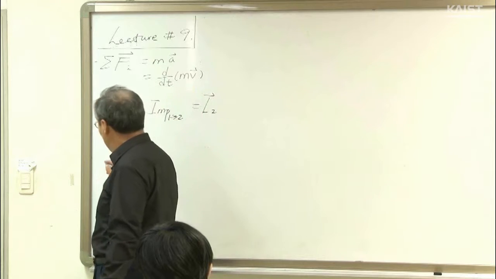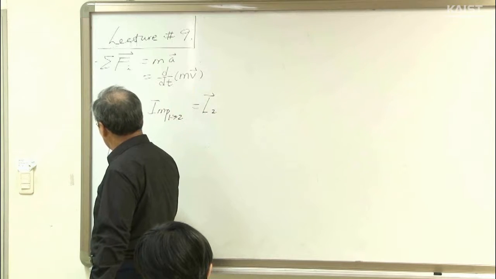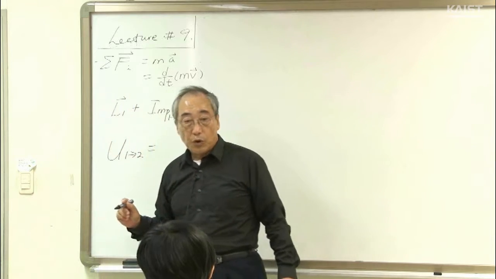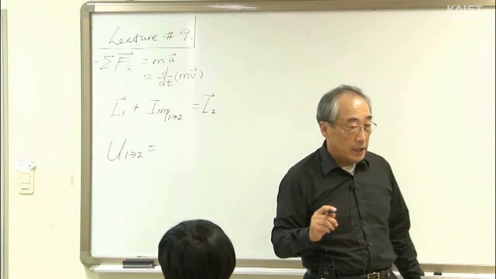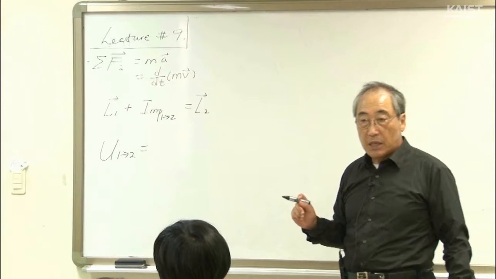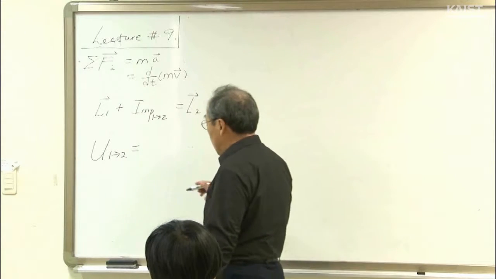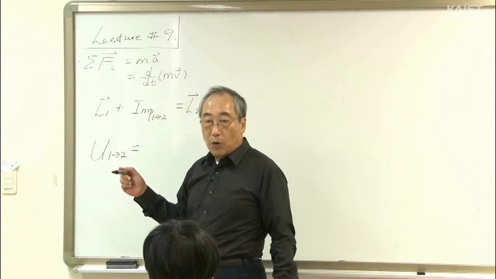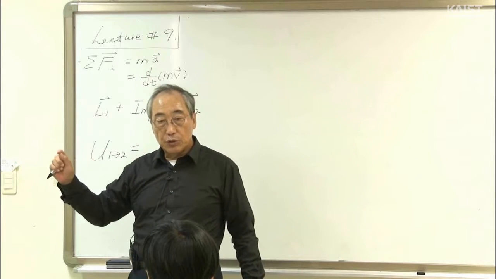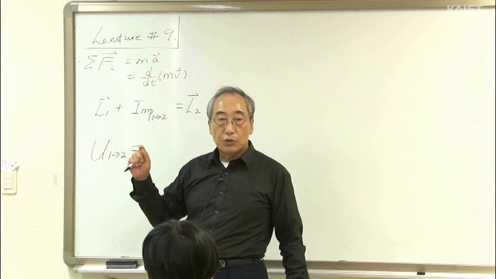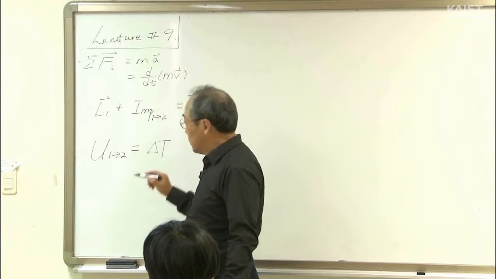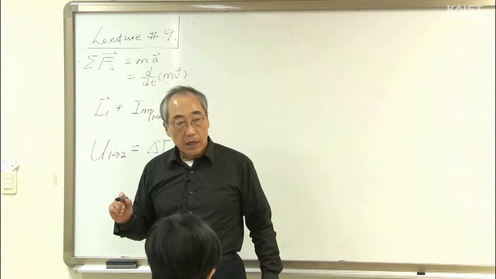And the third we learned is the principle of work done and change of kinetic energy. The mathematical expression would say if I apply force from state 1 to 2, that induces work done, that will make a change of kinetic energy.